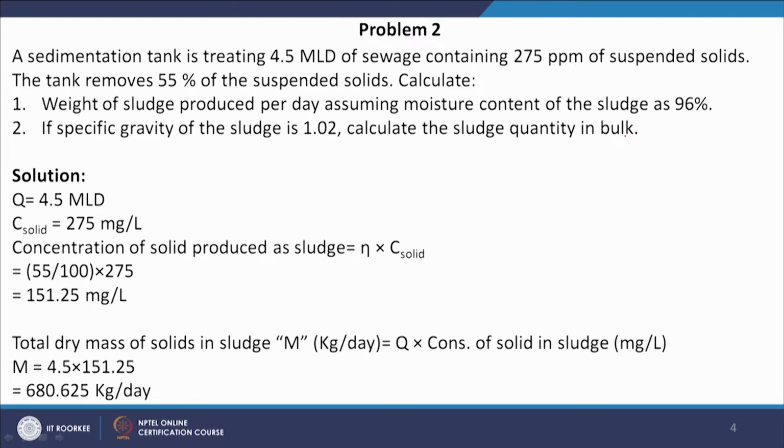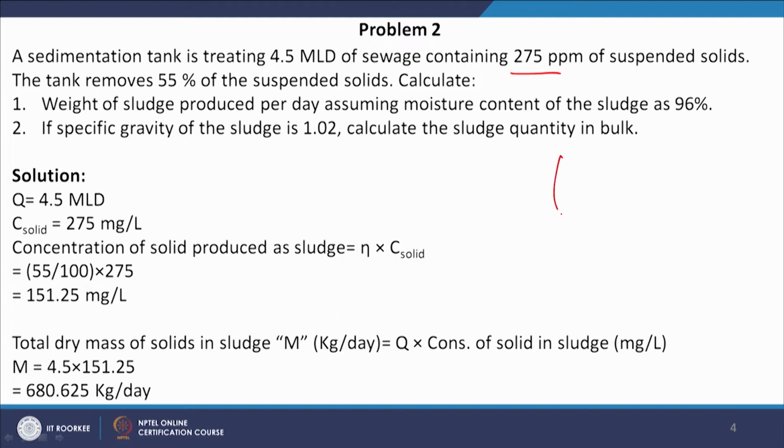So, how to solve it? You see, the flow rate is given, that is the sewage flow rate is 4.5 MLD and it is allowed to settle in a sedimentation tank, and the sewage has 275 ppm of suspended solids, and it is also given that 55% of the suspended solids will be removed.